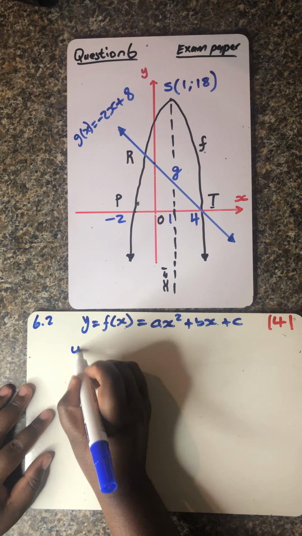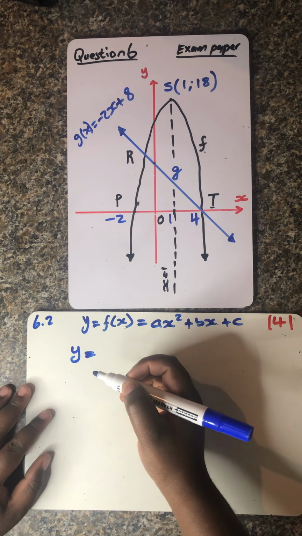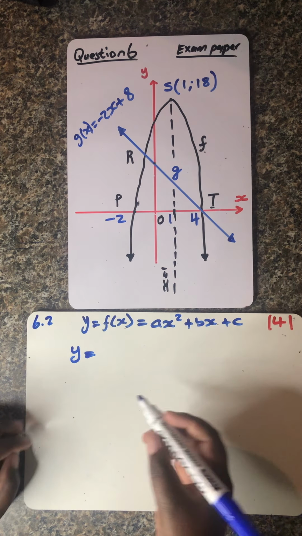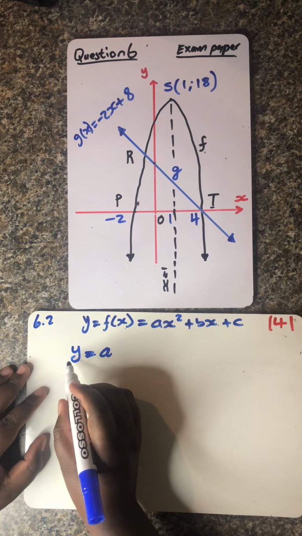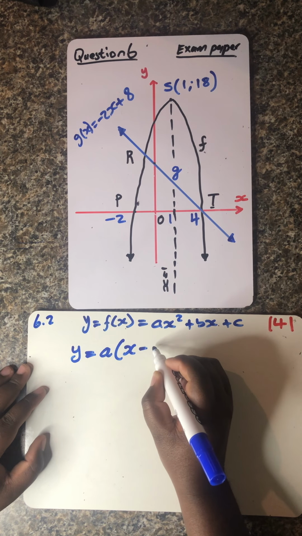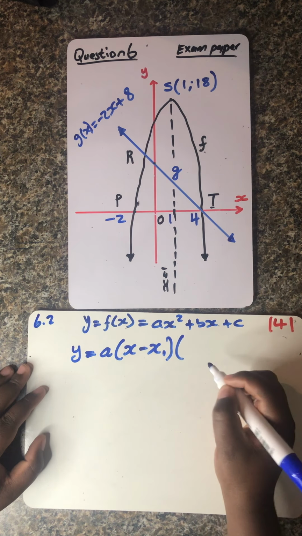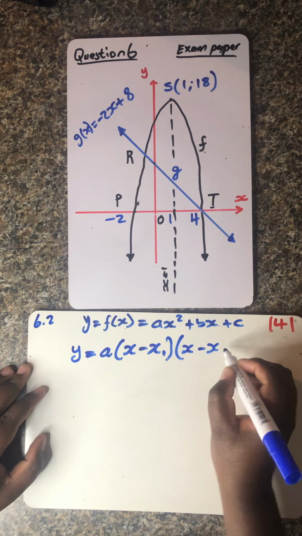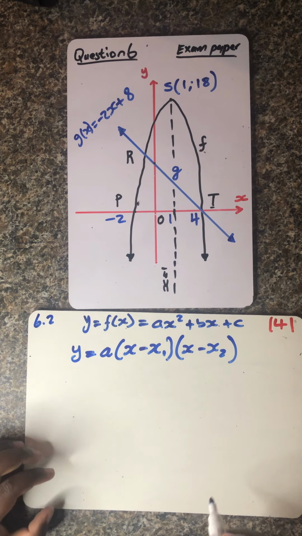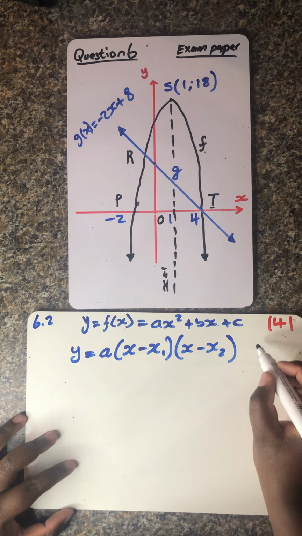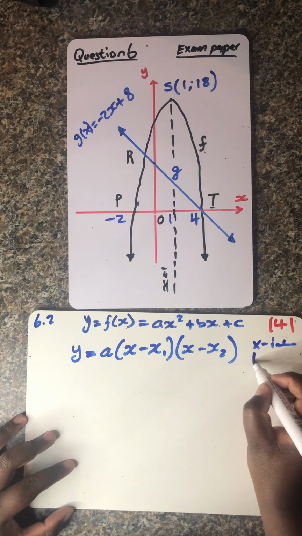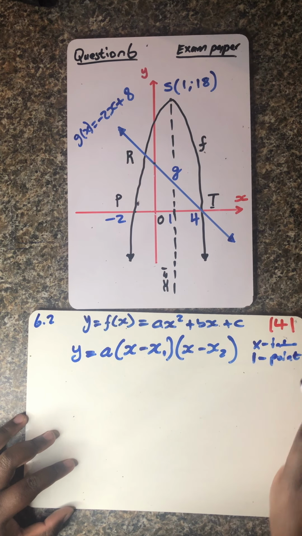It's not given. y is equal to a times (x minus x1) times (x minus x2). I hope this is how the formula looks. You use this formula if you know the x-intercepts, and if you know one point along that particular graph.